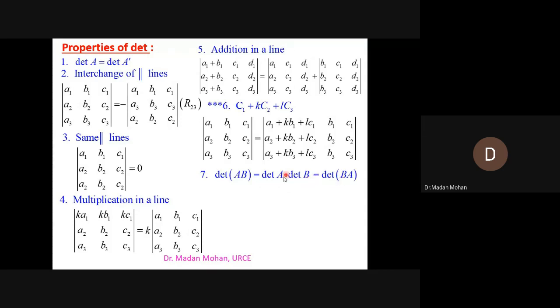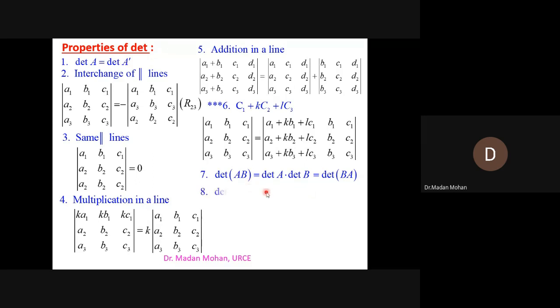Because det A and det B are numbers, det B into det A you can also write, and that can be written as det BA. Therefore, det AB equals det BA, right? But AB and BA need not be equal, but the determinants remain the same.